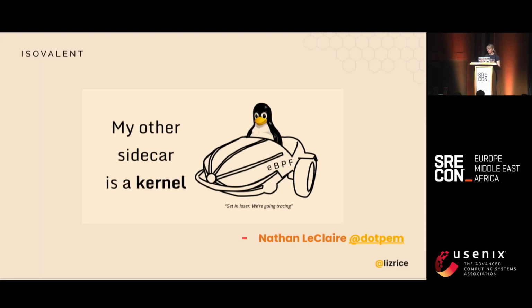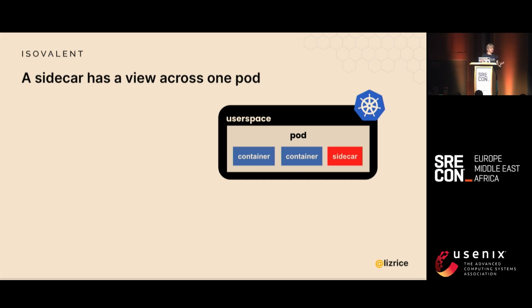This little cartoon is now a few years old, but it's really great, I think, from Nathan. Kind of the idea that eBPF is going to supersede the sidecar model. So when we use the sidecar model, what we do is we have a container that provides our instrumentation. So maybe that sidecar is providing tracing or logging or security or whatever other functionality we want to add into all our applications.